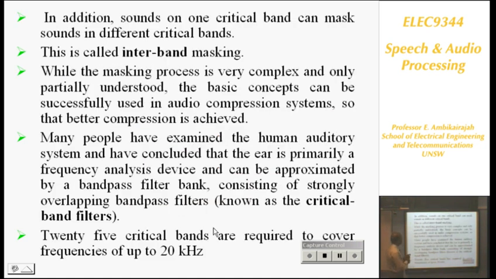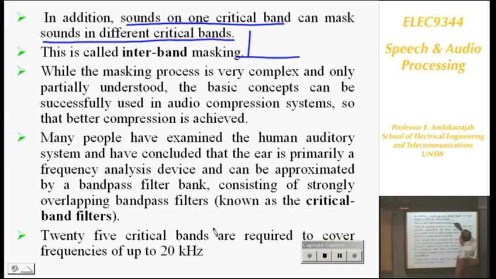And the next one is interband masking. What is interband masking? A sound in one critical band can mask the sounds in different critical bands. Here are my filters. The sound in this band is very, very high, so if you look at the amplitude here, it's very high, for example.